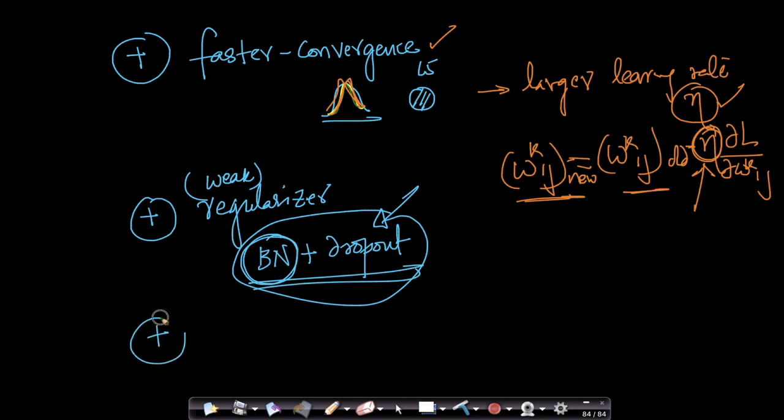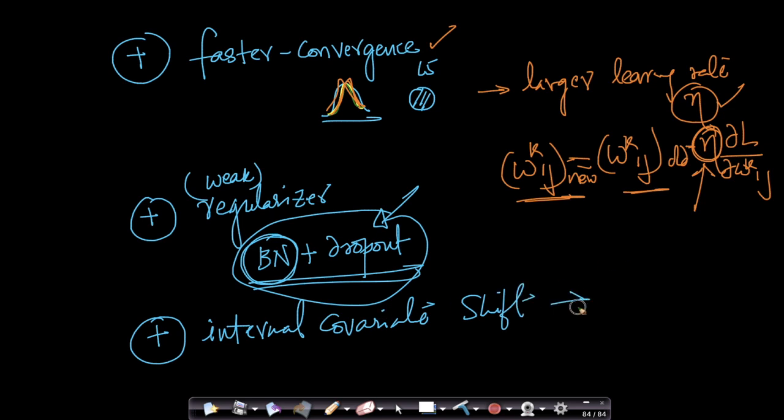The most important idea here is that it avoids internal covariate shift. When you avoid internal covariate shift, you can train deeper neural networks. This is the core idea of batch normalization. Very, very interesting idea.